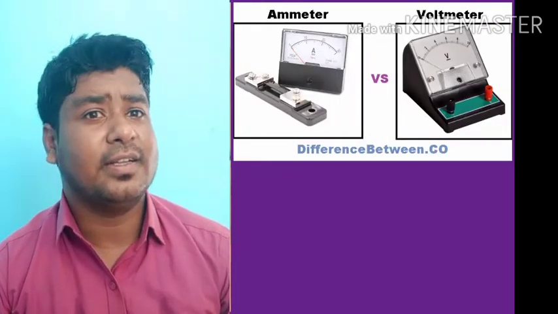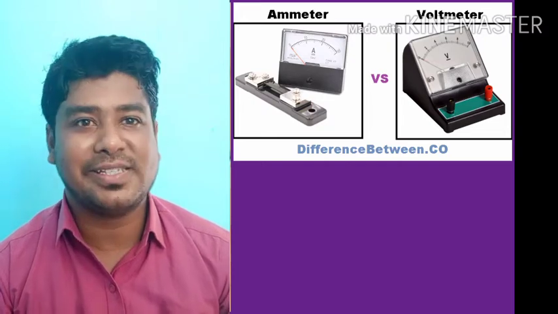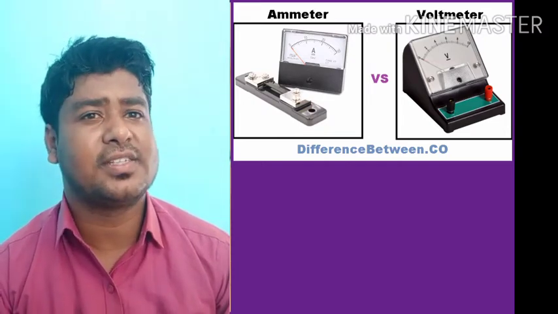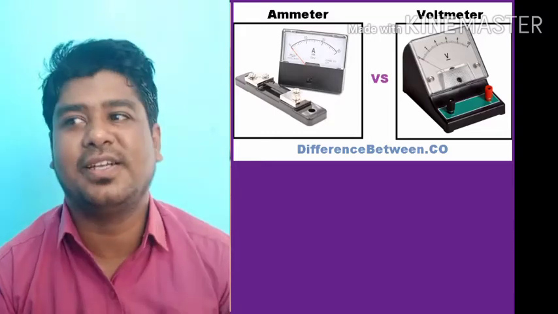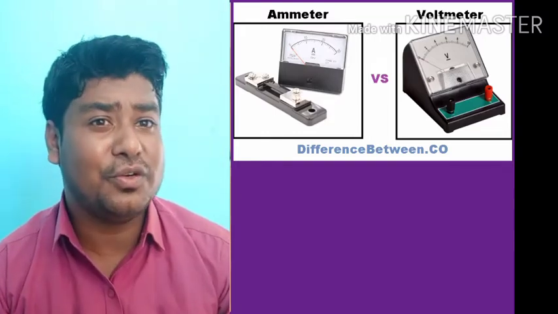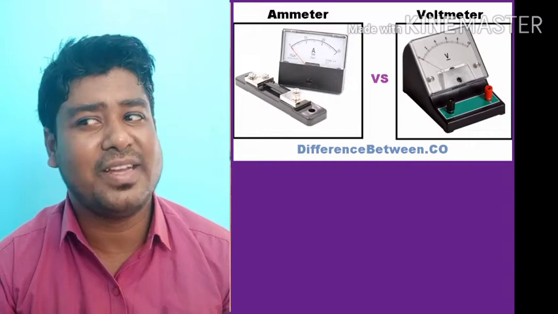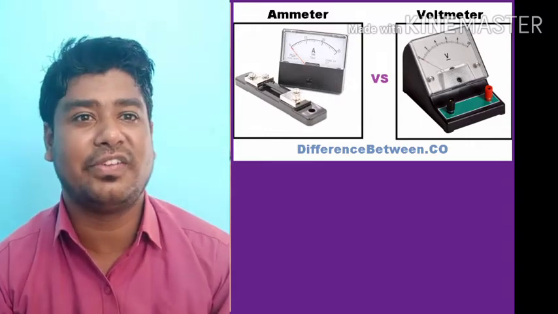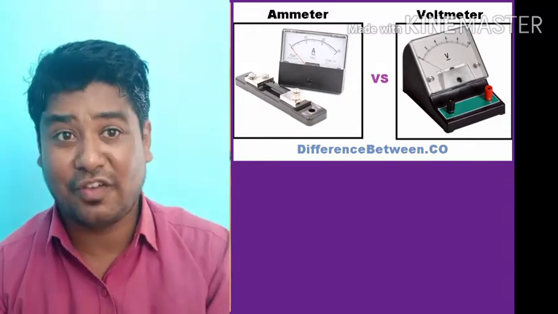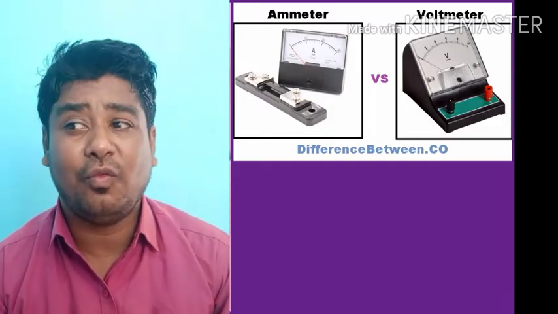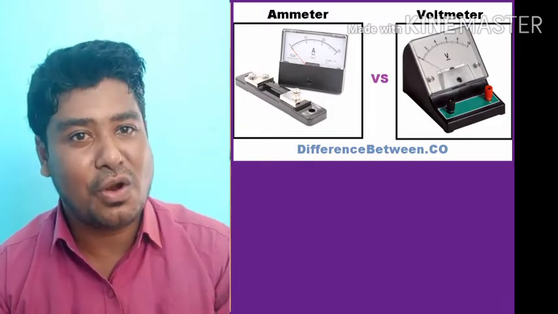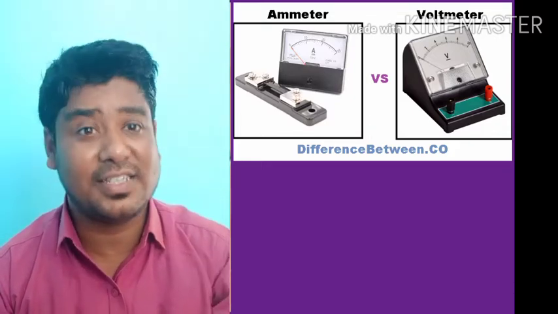We studied the different devices which measure current and potential difference. So you might be thinking about which device is used to measure the resistance. In fact, we don't measure the resistance with a particular device. If you know the current and the potential difference, we can find it using the formula we used in Ohm's law. But there is a device which is used not for measuring but to change the resistance.